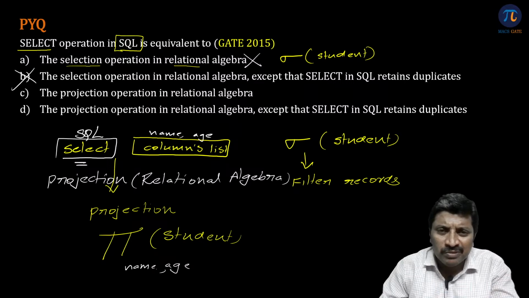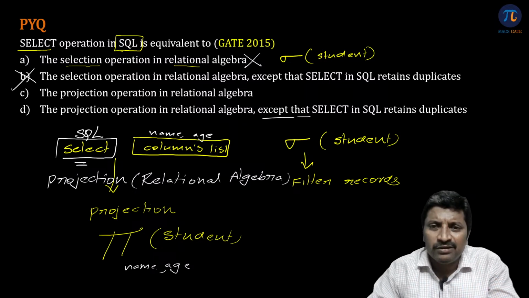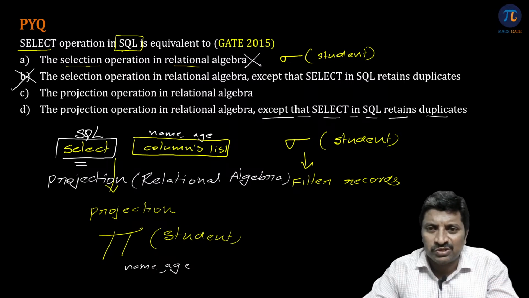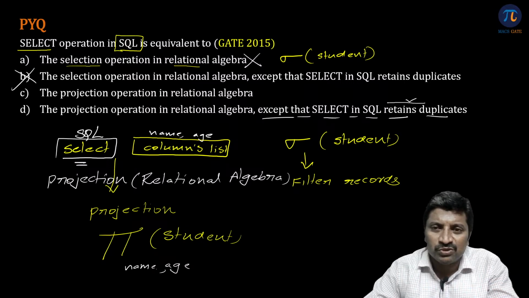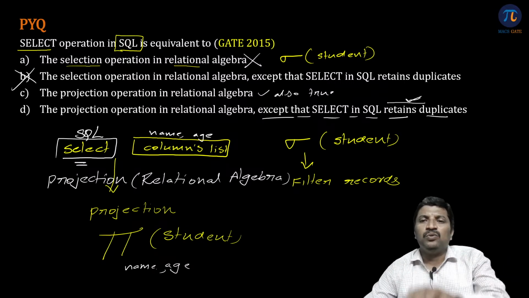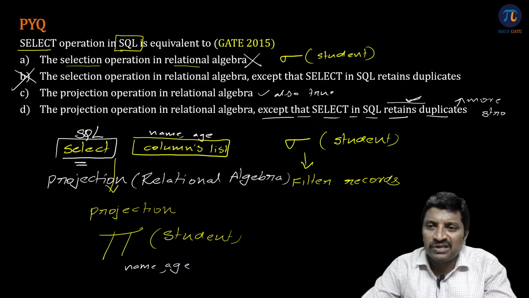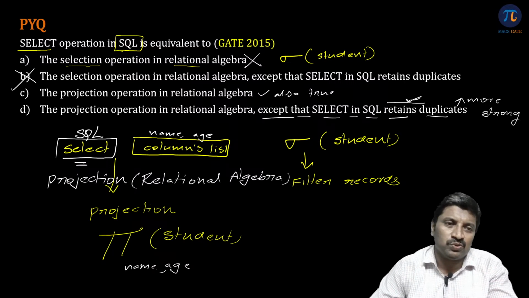Third one, the projection operation in relational algebra. Yes, of course. But I think they have some extension in D: the projection operation in relational algebra, except that SQL retains duplicates. Of course, it doesn't eliminate duplicates. So this is also true, sir. But D is stronger, because they have some extra conditions also.